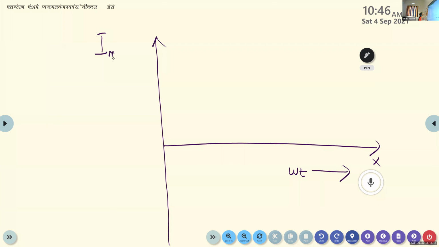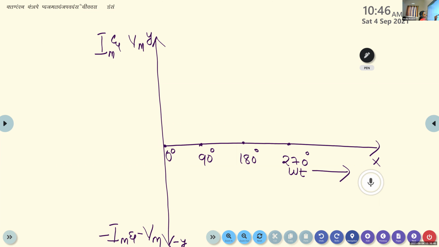Current and EMF are taken along the y-axis. Negative current and negative EMF are taken along the negative y-axis. 0 degree, 90, 180, 270 and 360.